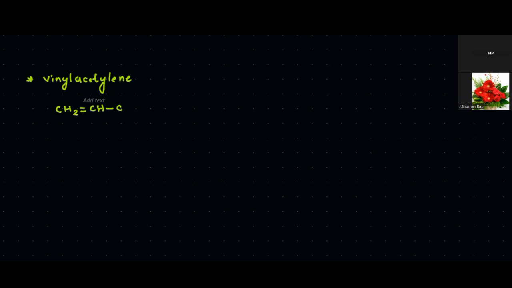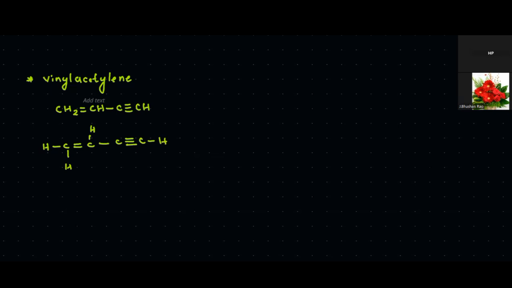So this one is called the vinyl acetylene molecule. Here also there is one double bond and one triple bond. If you expand this molecule: H, C, H, double bond, C, H, single bond, C, triple bond, C, H. This one is the molecule.